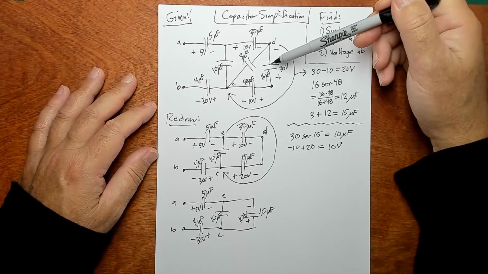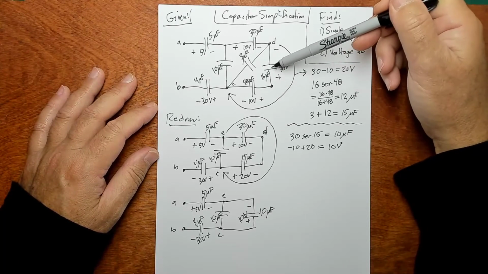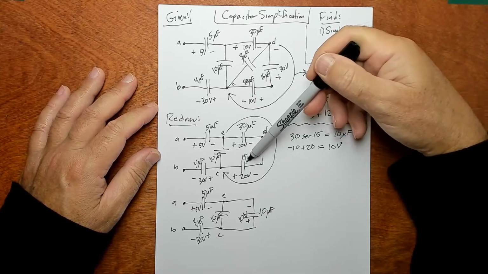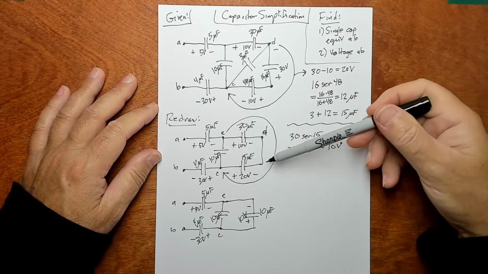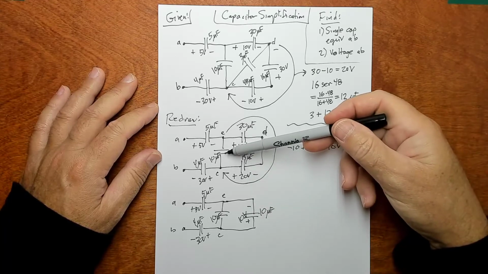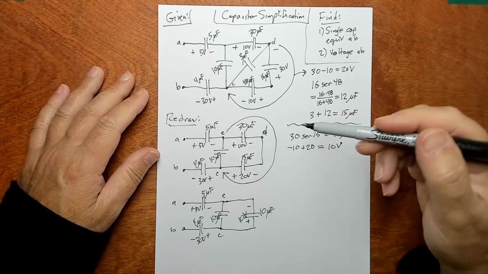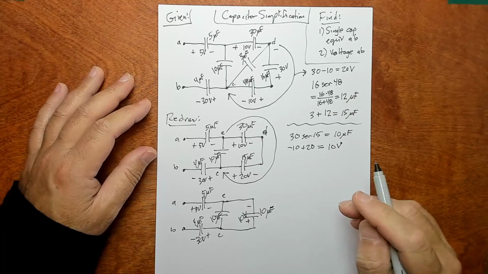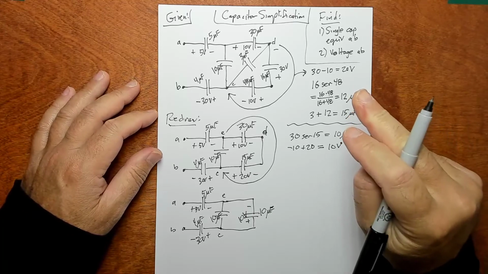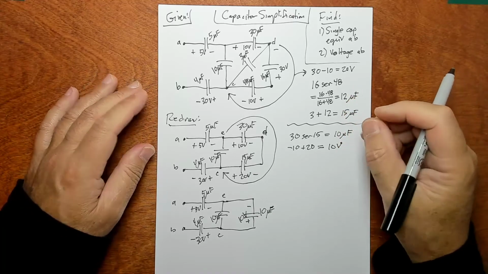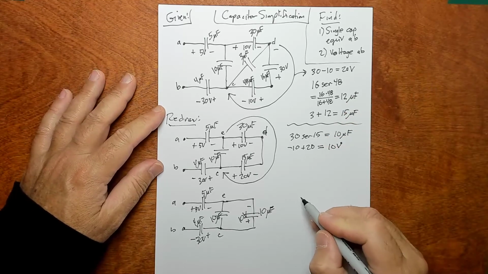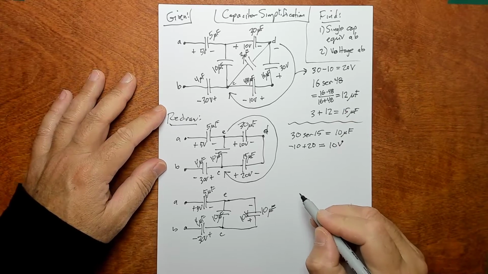Up here, I did a series simplification, and then I continued and did a parallel simplification, and then replaced those with this one. But here I just did a series simplification and replaced it here. I didn't go the extra step and do the parallel. So like I say, if you're confused about that, then take two capacitors, combine them, redraw, and then two, combine them, redraw. That way you're probably not going to get lost. Yeah, it's a lot more work, but anyway.